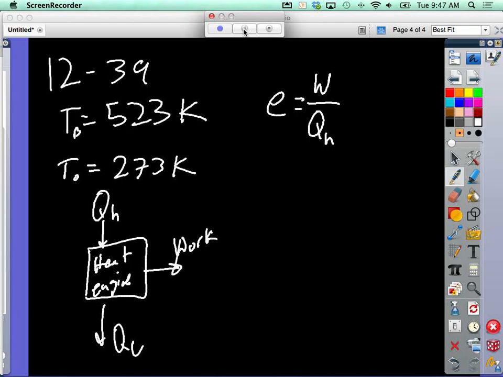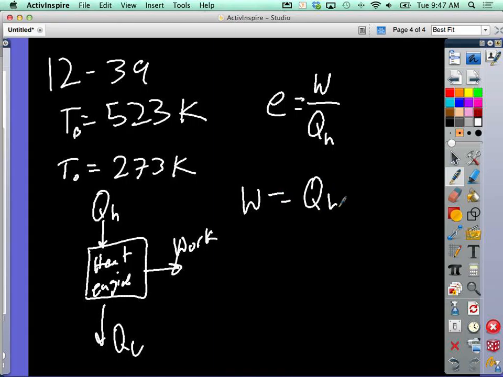Amy's group, what'd you get? Work is QH minus QC. Nice. Does that make sense? I mean, obviously, you could just look at this. What goes into the system? QH. What does that become?